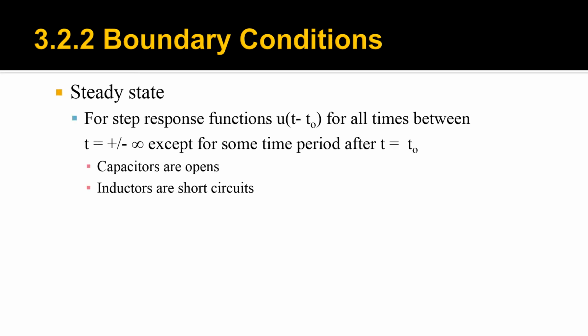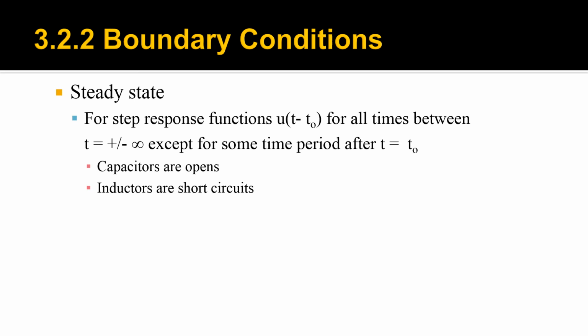Okay, remember that in chapter 2 we also learned about the initial and steady state response. You find the initial value, then you find the transient, and also the steady state.